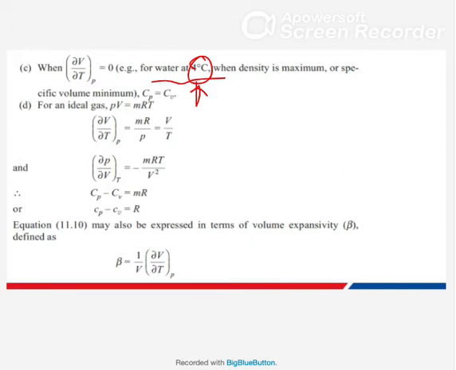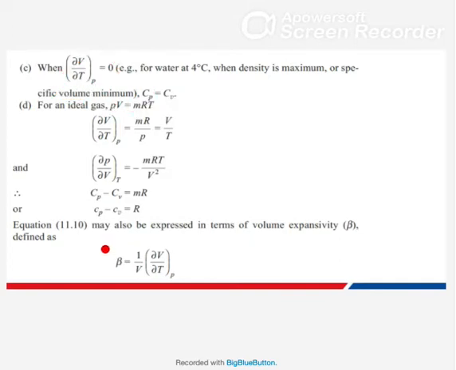This we have also seen in properties of pure substance. What this tells is that the volume will not change if you change temperature, keeping pressure constant. So this particular term is 0, and if this is 0, Cp will become Cv.